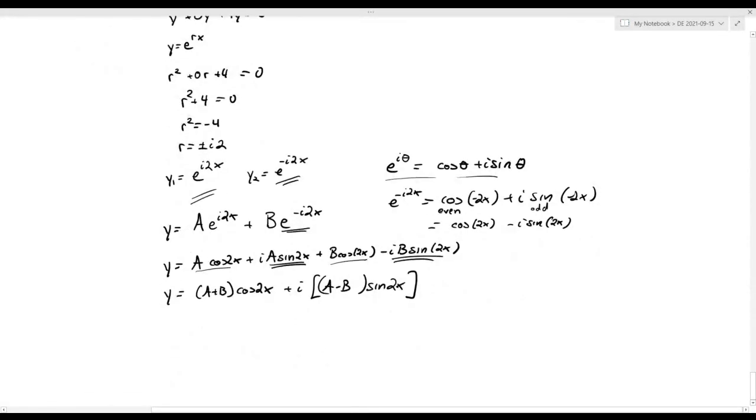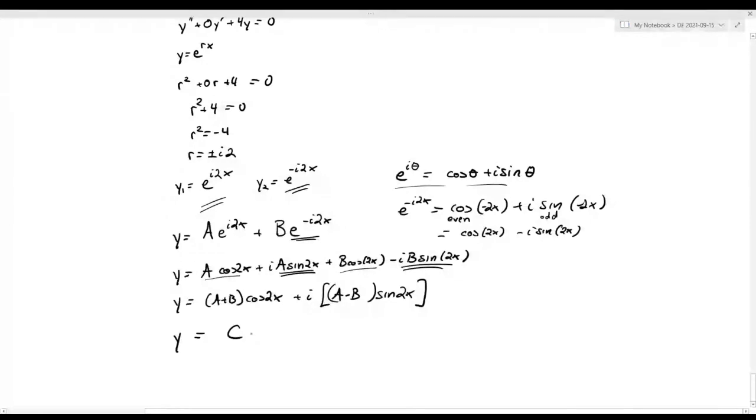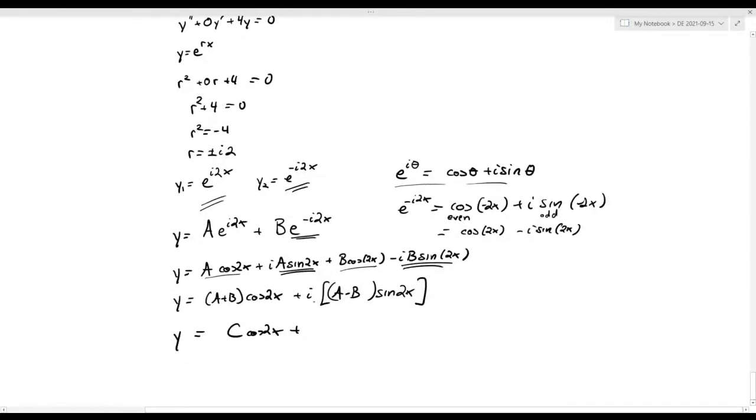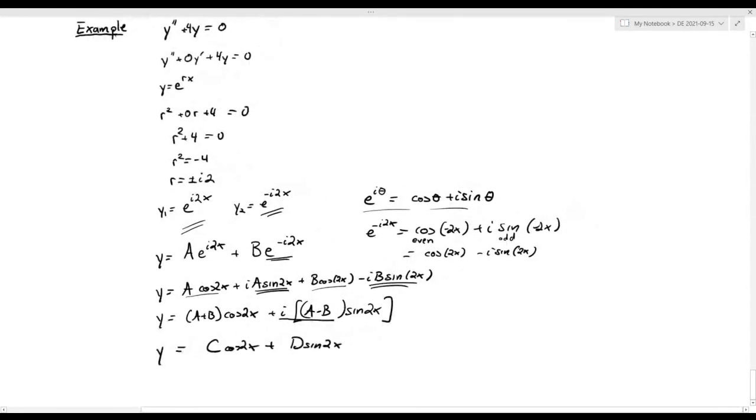Now A and B are arbitrary constants, so A plus B and A minus B are just new arbitrary constants. So we can write this as C times cosine 2x plus i times a new constant times sine 2x. If our roots of the characteristic polynomial are complex, we're going to rewrite the answer in terms of sine and cosine.